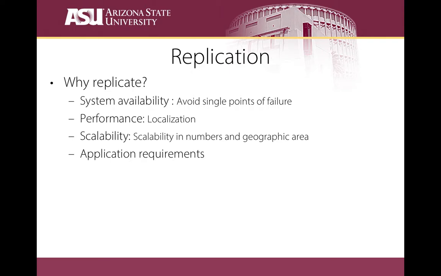I believe a couple of weeks ago we mentioned that the main benefit of replication is availability. I gave you the example of Facebook, right? That's the main benefit of replication.